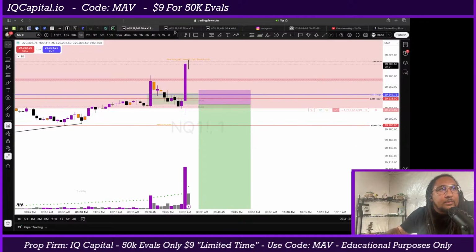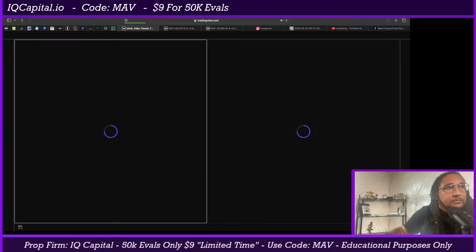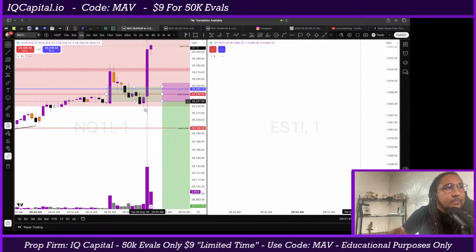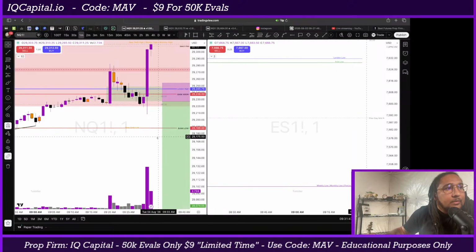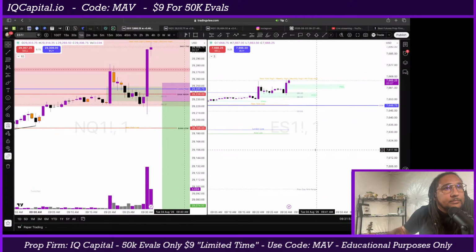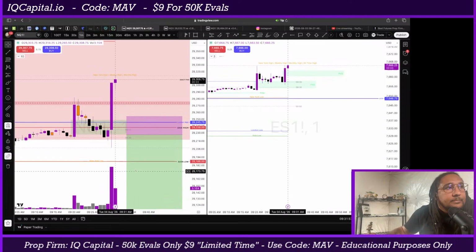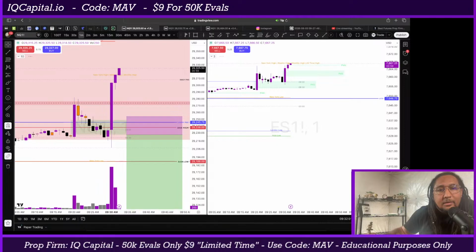So ideally, if we do get into a long here, I'd like to see a pullback. And that's what I was banking on before we head higher. It looks like it slowed down right at the consequent encroachment of that daily fair value gap.